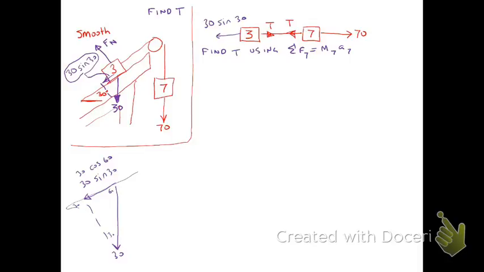So I go plus 70 added to minus T is equal to that mass, which is 7 times a. So my tension is equal to 70 minus 7a.